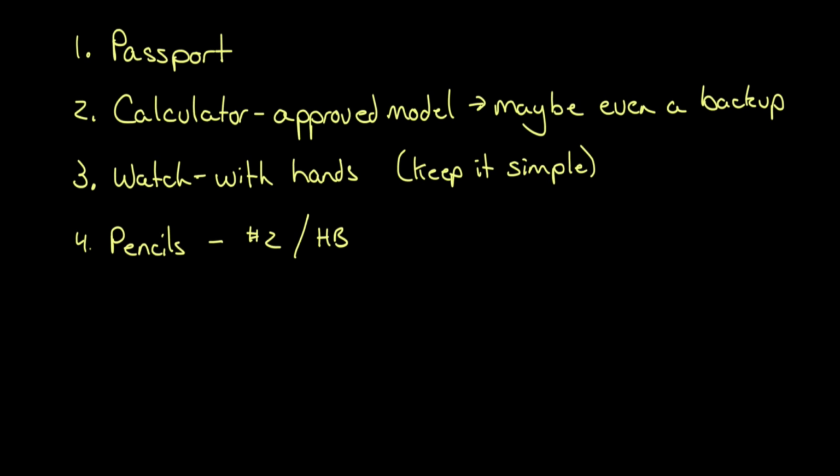Number four, your pencils. A number two or an HB. Now the reason why is because it's got a particular shade of lead, and the Scantrons, which read all of those bubble sheets, have trouble if it's anything other than a particular shade. So the number two and the HB have a certain type of lead or something content, lead and ash, I'm not sure.